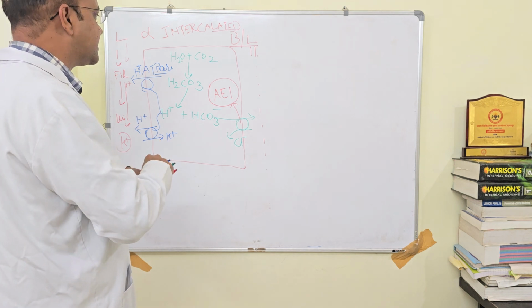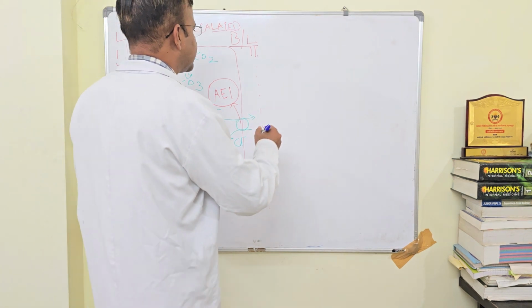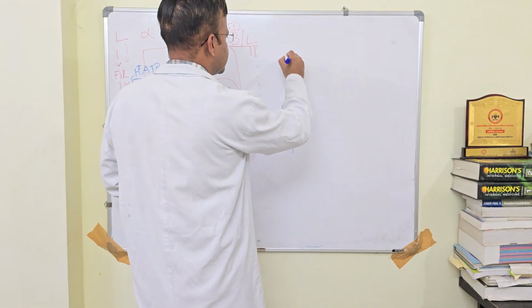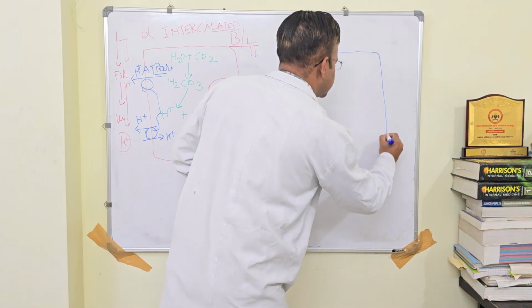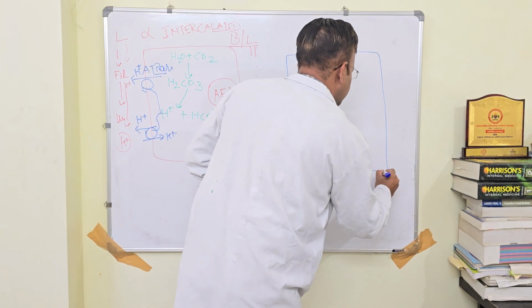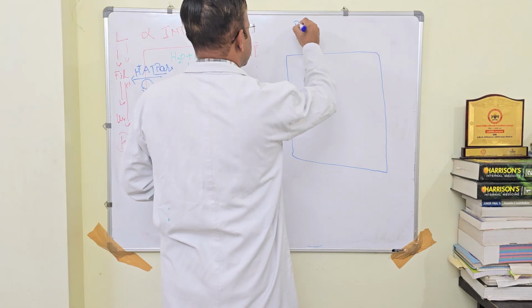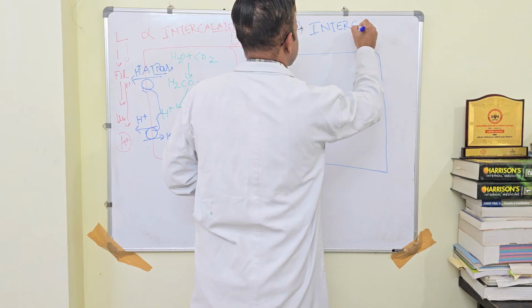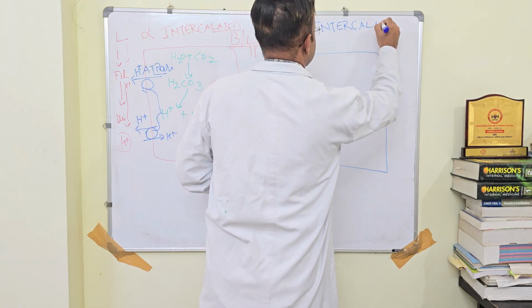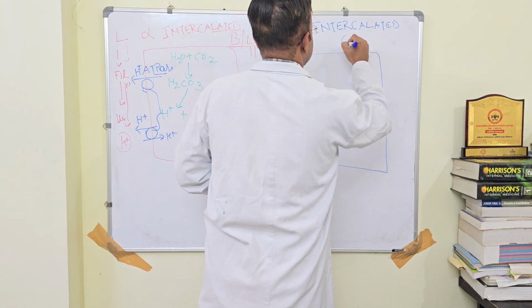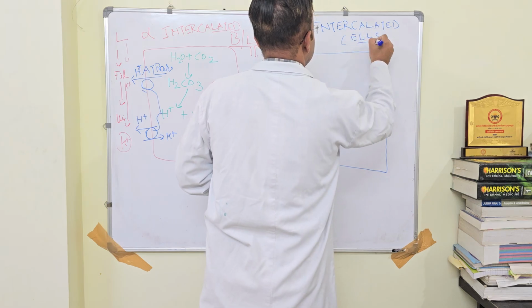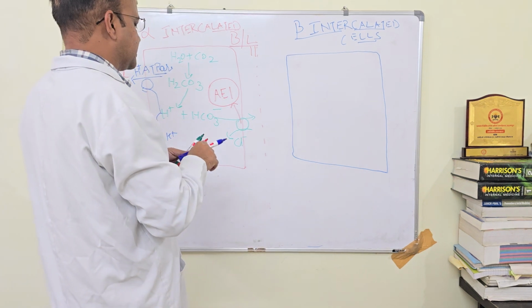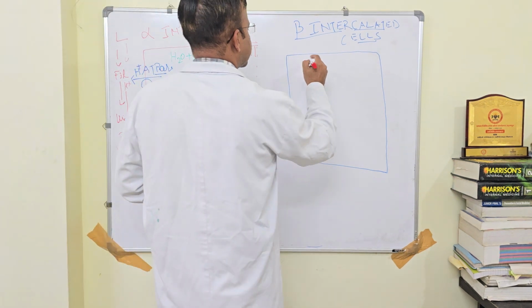Now what exactly is the beta intercalated cell doing? Let's see. In beta intercalated cells also, the initial process is the same.